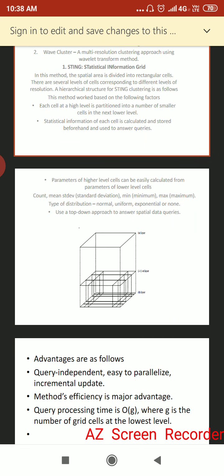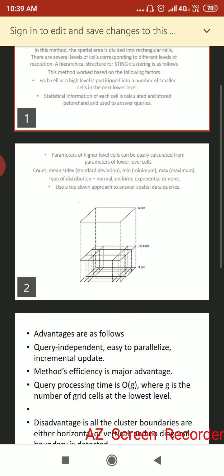See the diagram in the PPT below. In this method, the total spatial area is divided into rectangular cells, and in each rectangular cell we can store the data. There are several levels of cells: first layer, second layer, the (i-1)th layer and the ith layer.